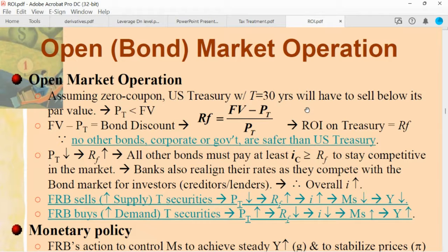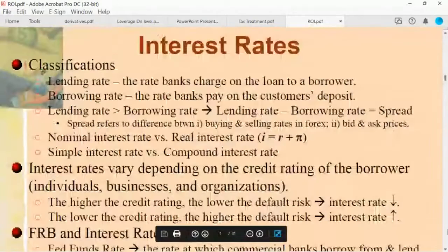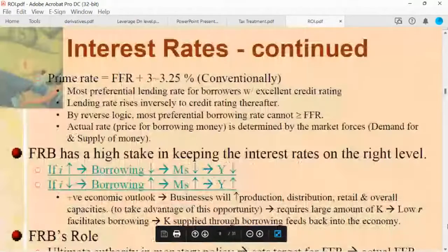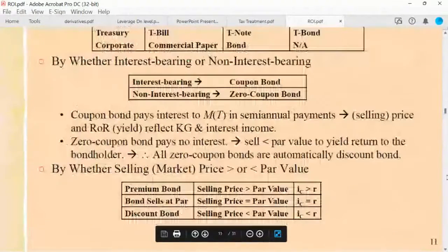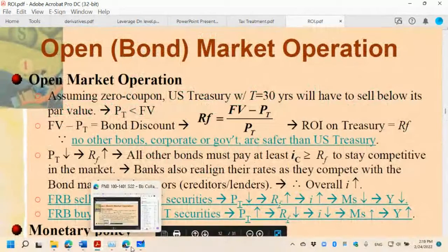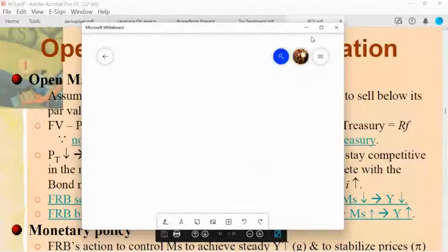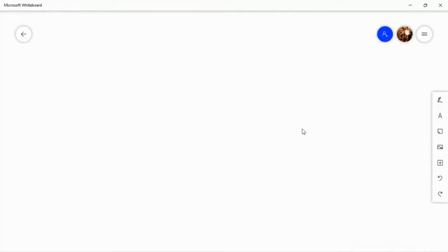I told you that's called prime rate, and prime rate is conventionally 3 to 3.5% above the Fed funds rate. Okay, you remember that? But think about it. Let's say this 1 million was not borrowed by anybody. Then the bank loses the opportunity to earn 3.5% on this 1 million.